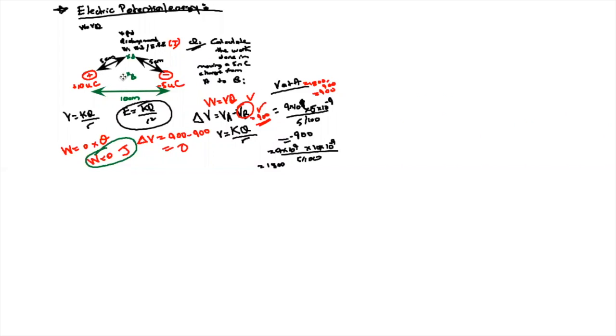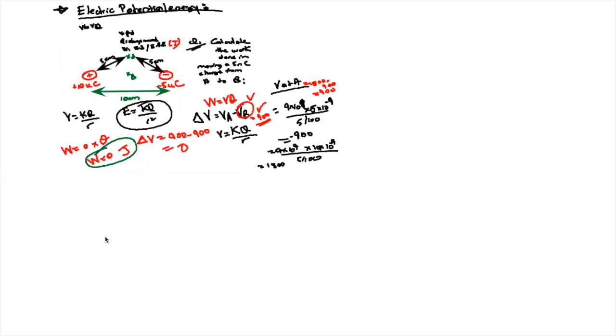Because this is 5 centimeters as well. This is 5 centimeters as well. So VB and VA turn out to be the same. And that's why you're doing no work. So whenever you have a situation where the distances are the same here and here, it turns out you do no work at all. Okay, I'm gonna give you one question and you guys are gonna solve it by tomorrow. So note it down and yeah, we're gonna continue all of this tomorrow.